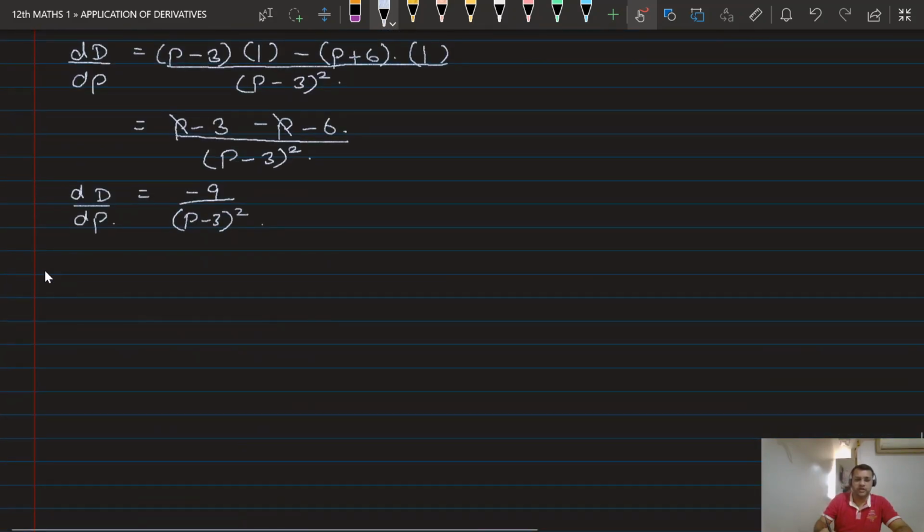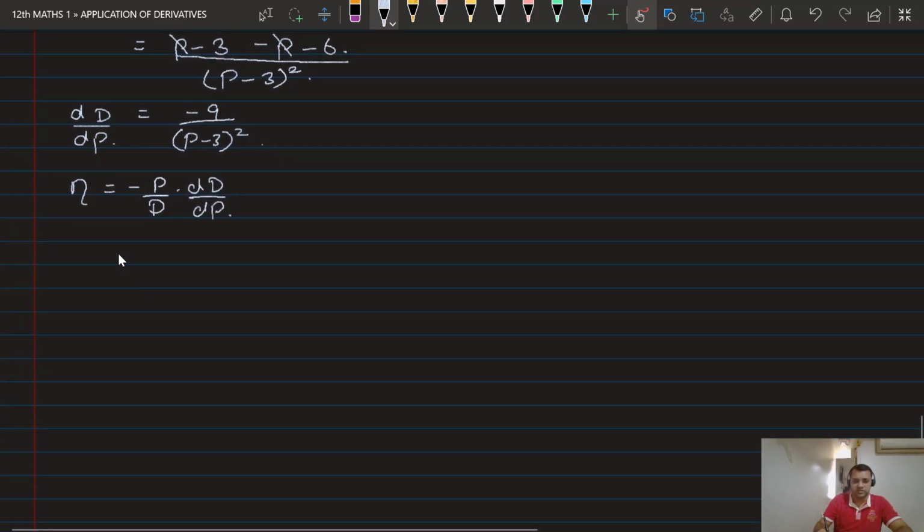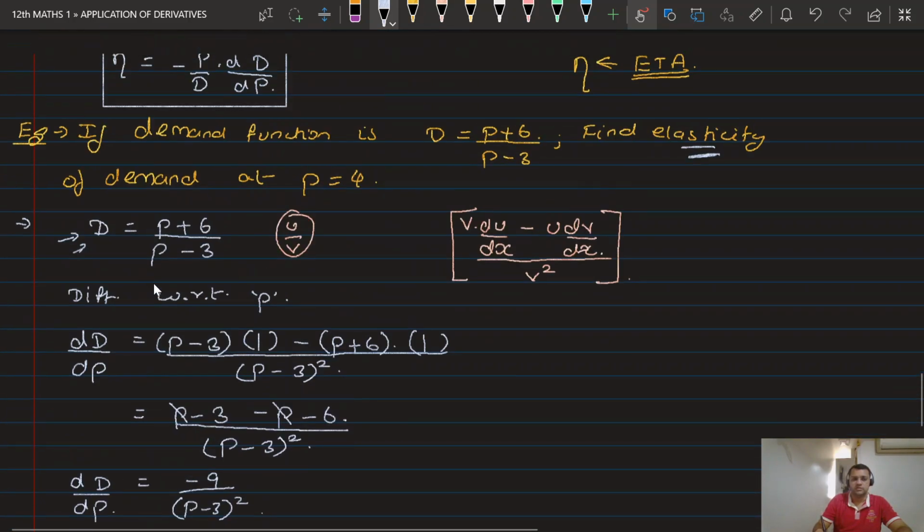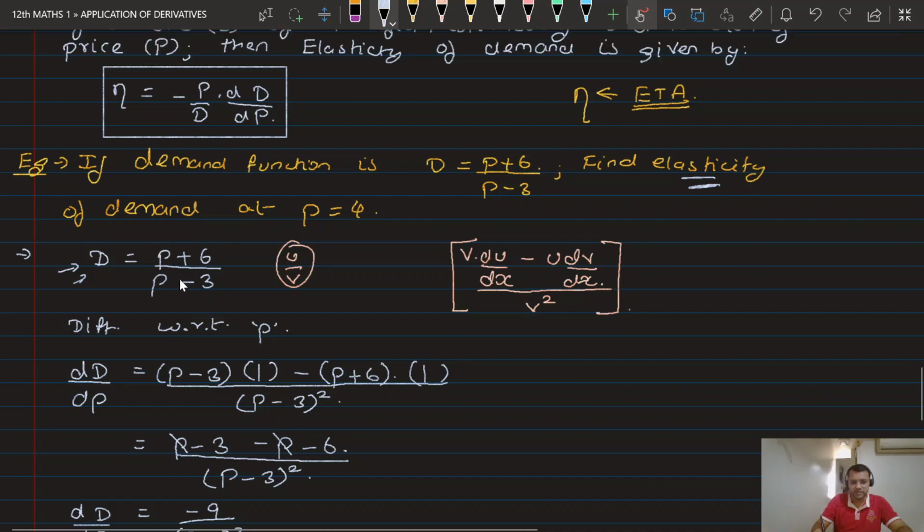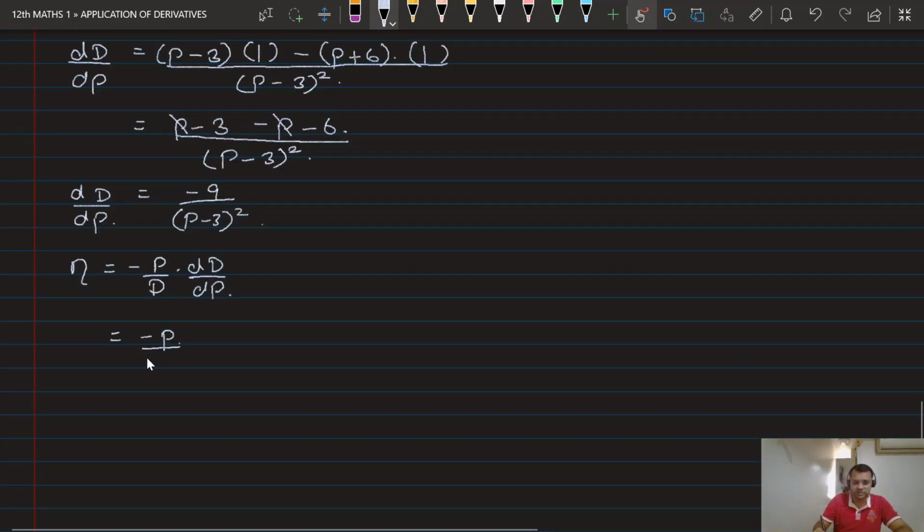So now the formula for elasticity is minus p upon d multiplied by the derivative of d, which is equal to minus p upon d. Your demand function is p plus 6 upon p minus 3. So let us substitute this over here. P plus 6 upon p minus 3.